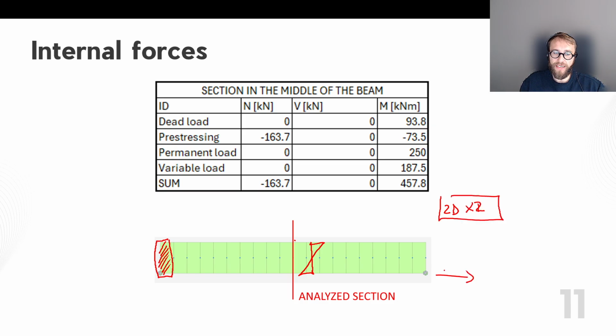So here is X, here is Z. So all the actions, the forces, are stepping into the calculation in this regime only, in the plane. So what did we get?